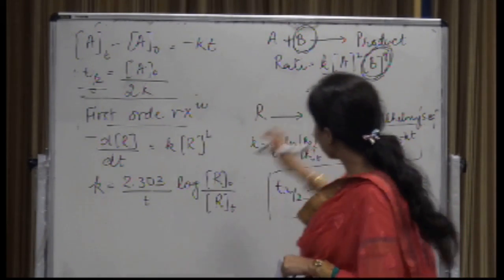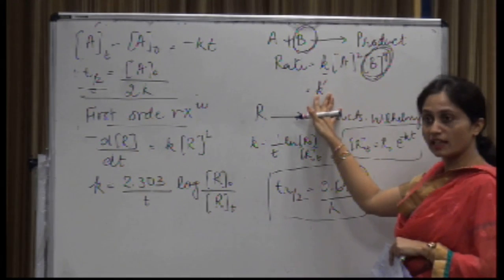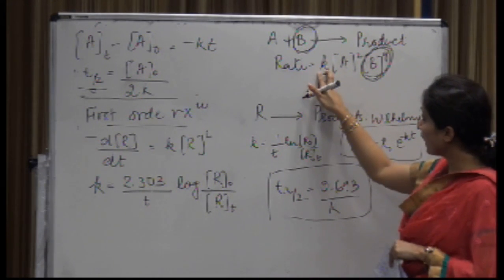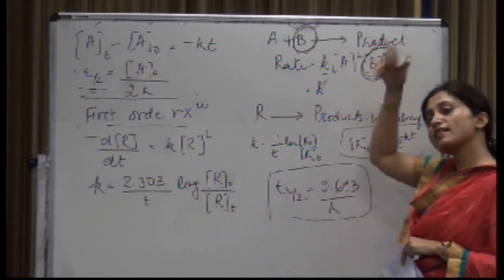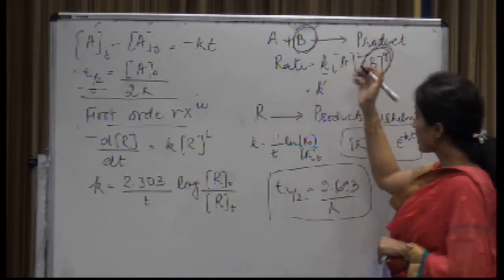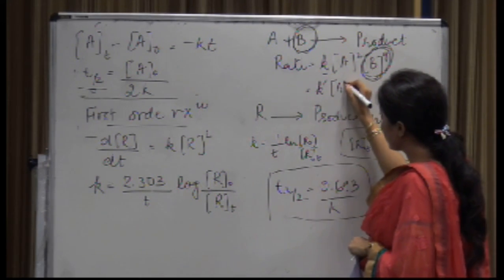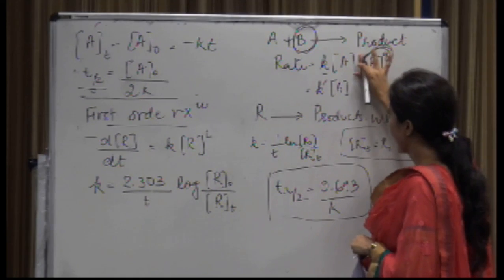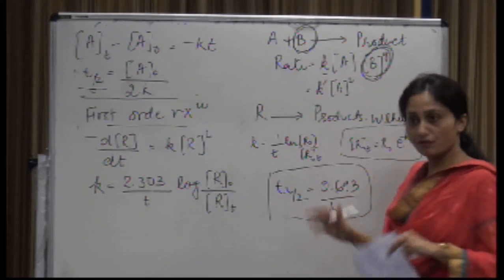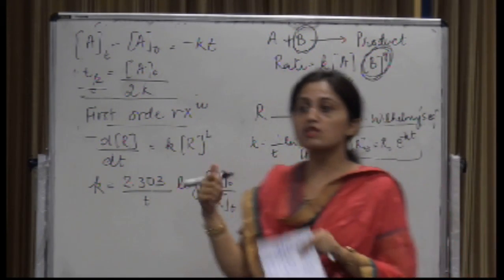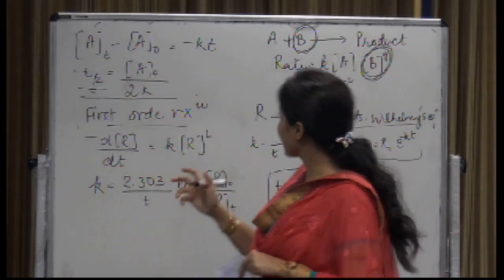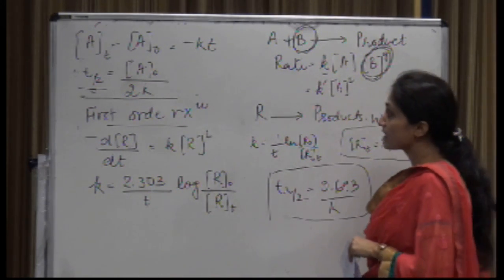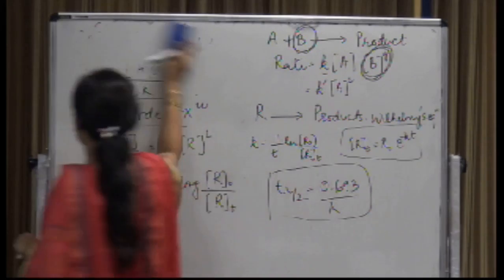So then we get a new rate constant k dash, which is equal to k into the concentration of the excess reactant, such that your rate is now dependent only on one of the reactants, and generally the order of the reaction that I am talking about is 1. So in that case you call those reactions pseudo first order reactions.